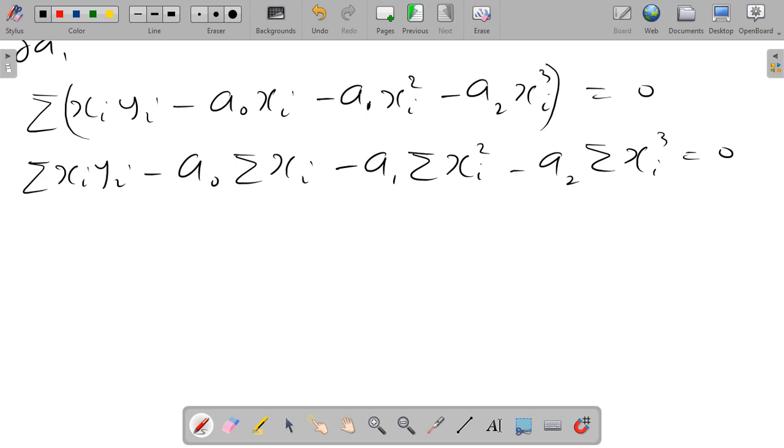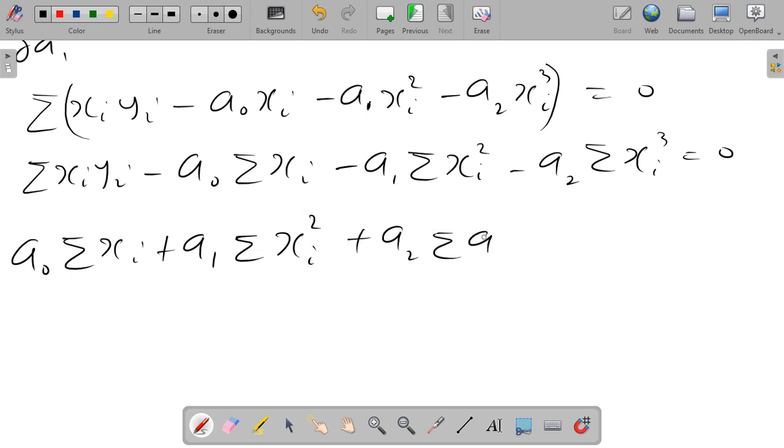So I'm going to have a0 the summation of xi plus a1 the summation of xi squared plus a2 the summation of xi cube is equal to this one now that has y in it, which is the summation of xiyi. Equation 2.